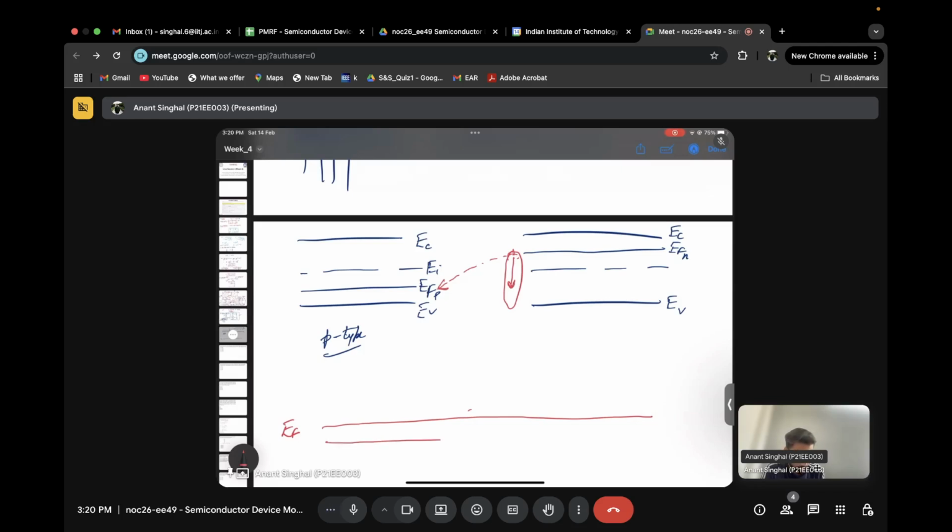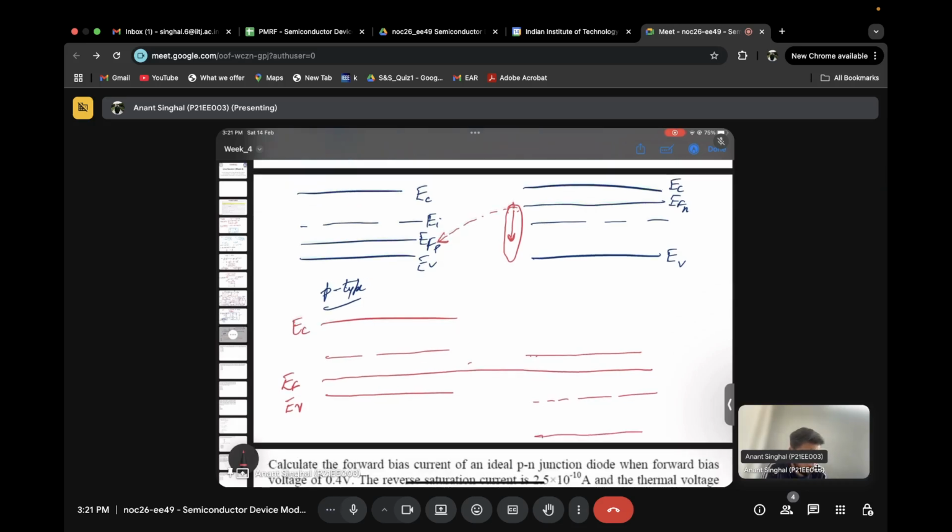If I try to make the diagram again, so this is EC, EV, so this is the P type, right? This will remain the same, and the electron will flow from P type to N type. So this is actually the Fermi level, and this will be the EC, this will be the EI, and this would be your EV.